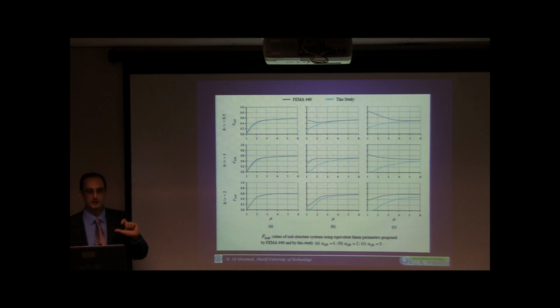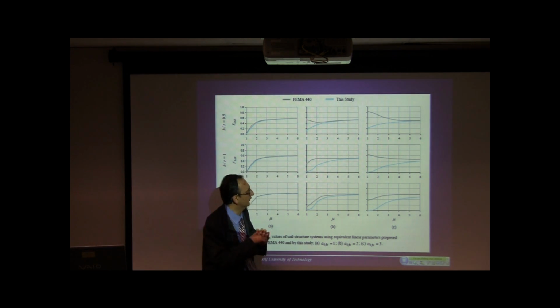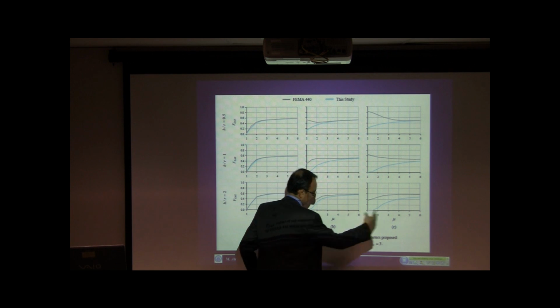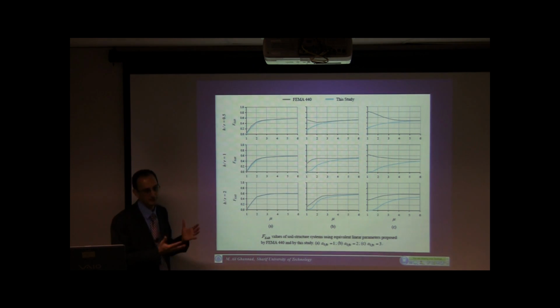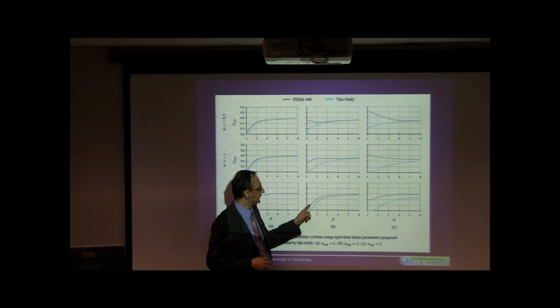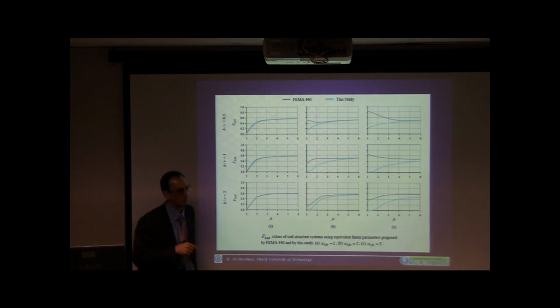It means that you can combine two separate problems to come to the result for your own problem here. But as you go for larger values like A0, there is a difference between the two results. And it means that the results of FEMA 440 are less reliable, of course.